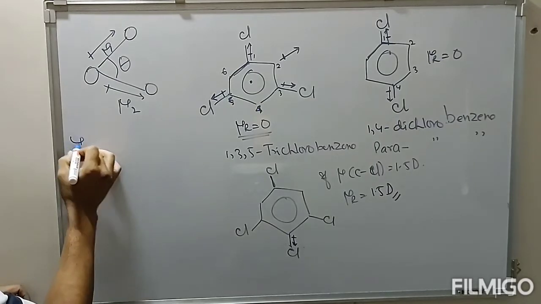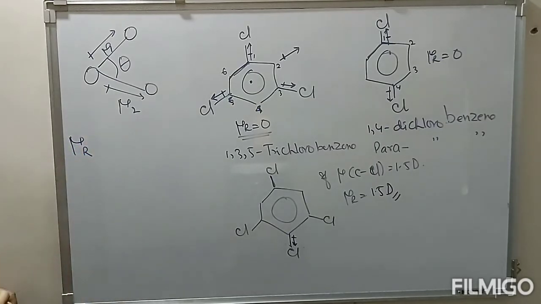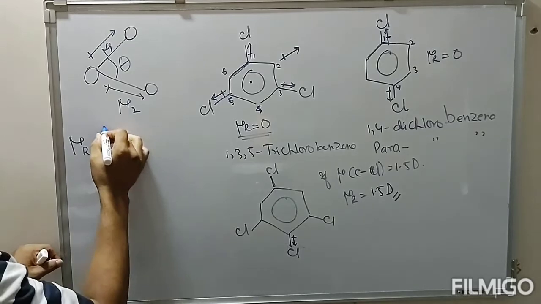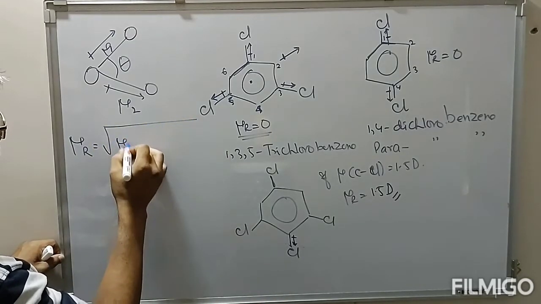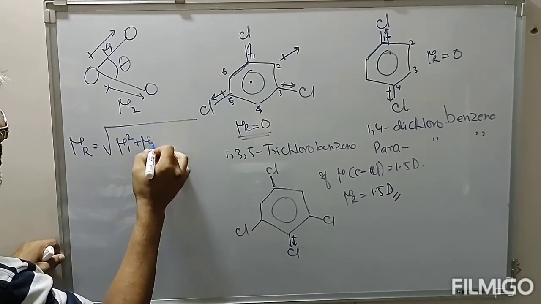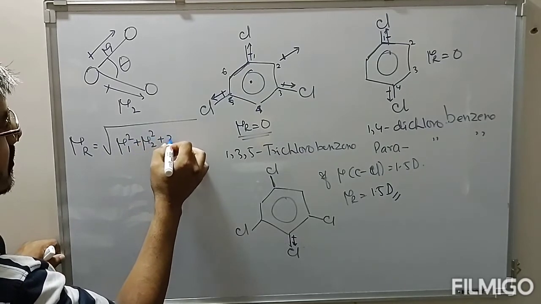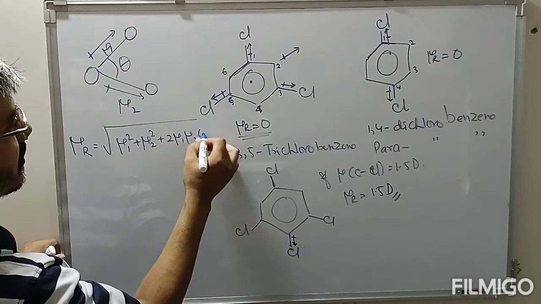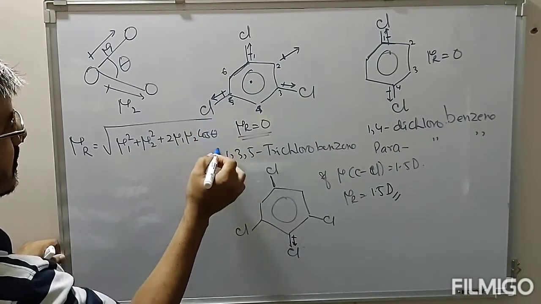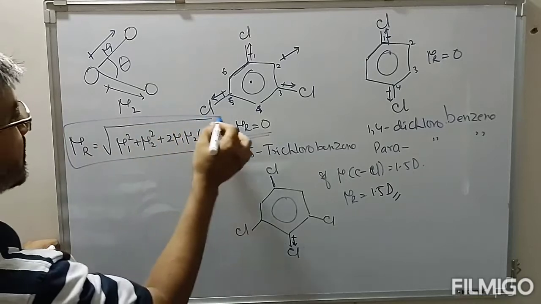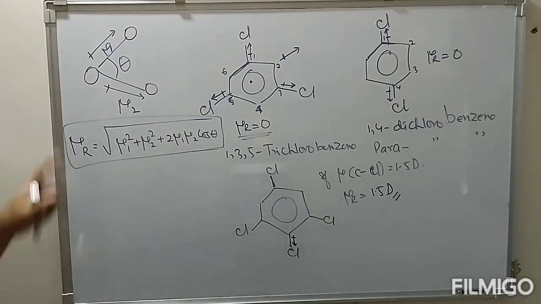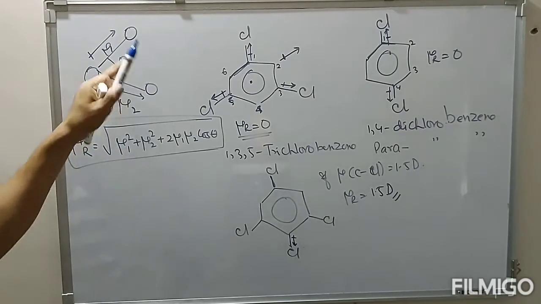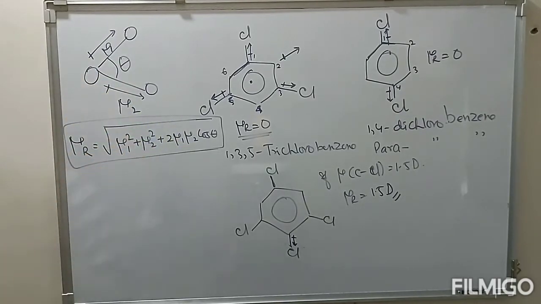Then the resultant will be equal to under root mu1 square plus mu2 square plus 2 mu1 mu2 cos theta. So this is the vector sum of these types of vectors. If mu1, mu2 and the angle theta between them is given, then we can easily find the resultant dipole moment.